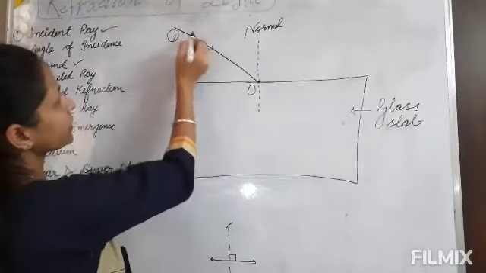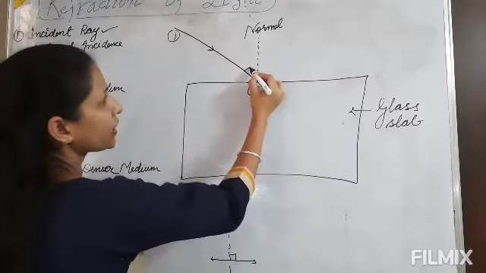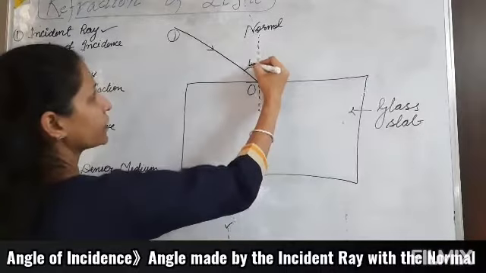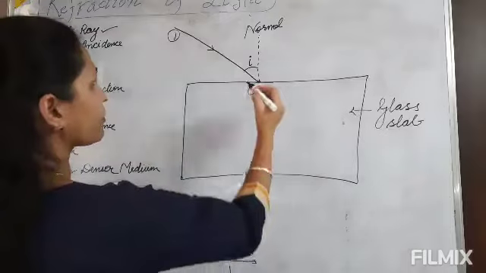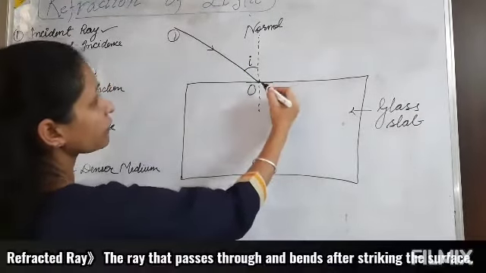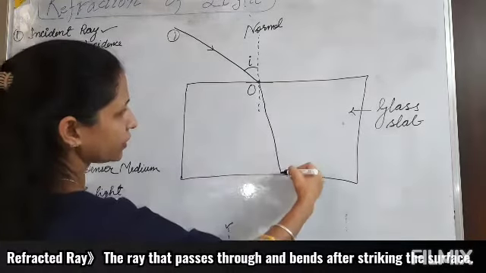Next क्या है? This is the incident ray. Incident ray normal के साथ जो एंगल बनाएगा, that is the angle of incidence. जब ये लाइट, इंसिडेंट लाइट यहाँ स्ट्राइक करेगी तो ये बेंड हो जाएगी. It will bend.